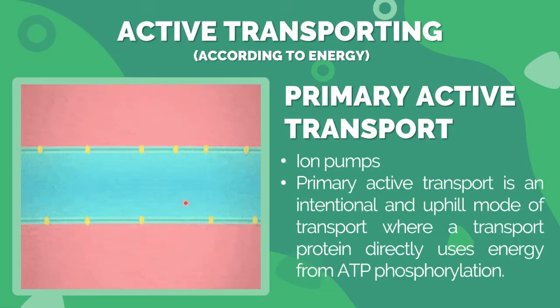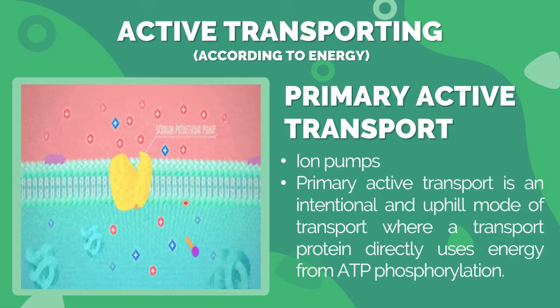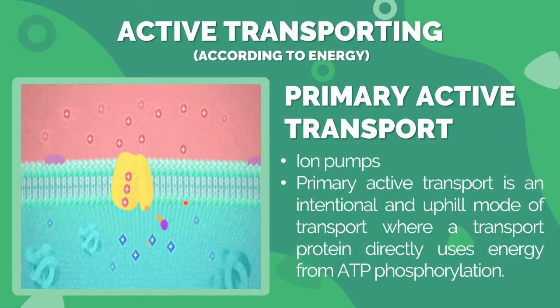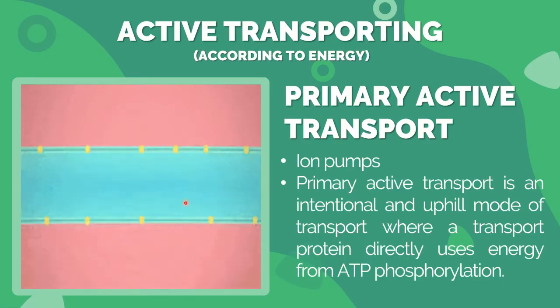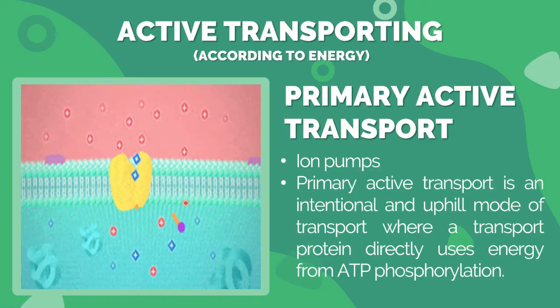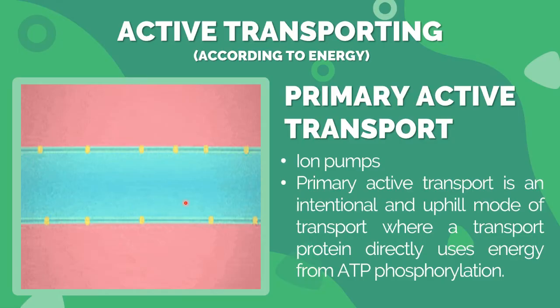Okay? Kumbaga, ito yung susi na magbubukas sa door, on which yung door nyo po, yun po yung pump nyo. Kapag nandun na mismo yung phosphate sa pump, mag-iiba po ang kanyang shape.